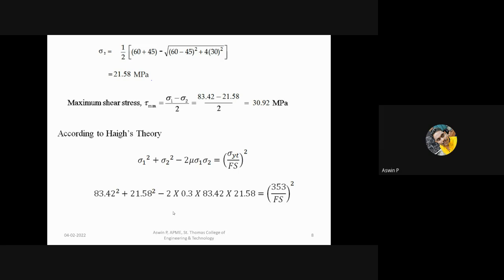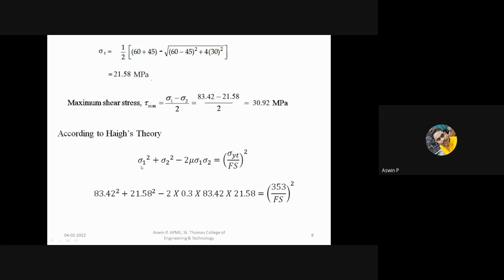Most of the problems related to theory of failures are very simple, but we have done it in a particular manner, that we are finding the factor of safety. They may ask diameter instead of this. For that, we need to substitute back all these equations.